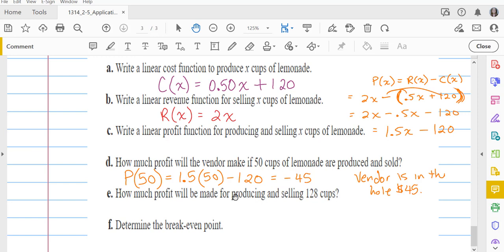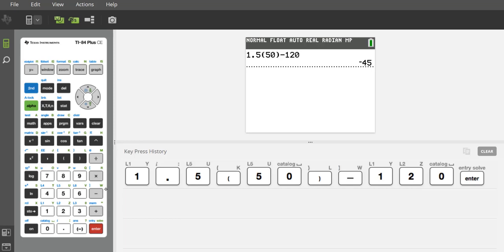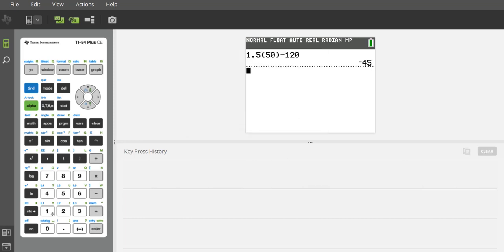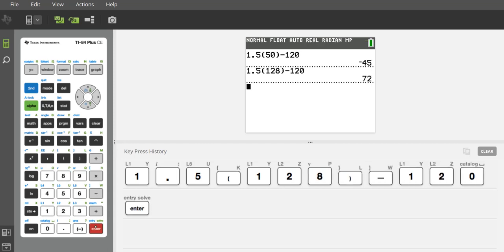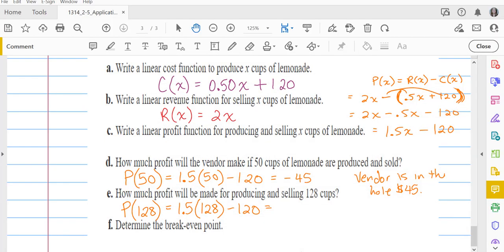How much profit will be made for producing and selling 128 cups of lemonade? Again, I'm going to go to my profit function and plug in 128 for X. So I get 1.5 times 128 minus 120, which is 72.